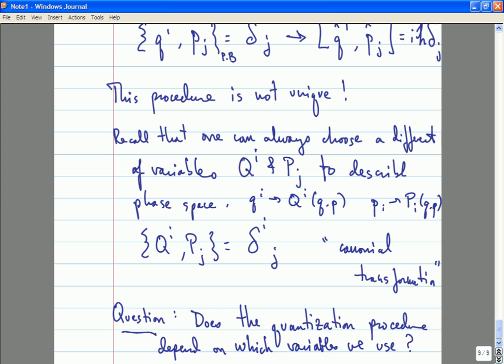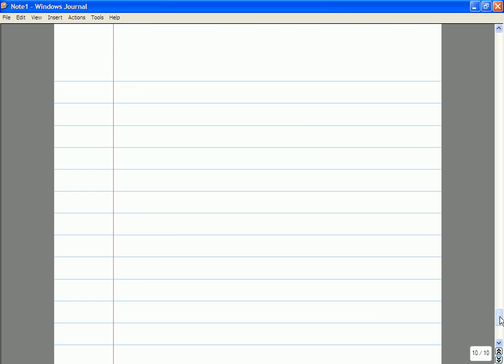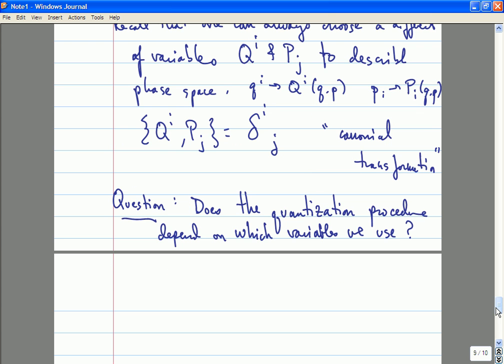And the answer is yes. What does that mean? That means that when we specify a system in classical physics, that is not enough information for us to determine the corresponding quantum mechanics.